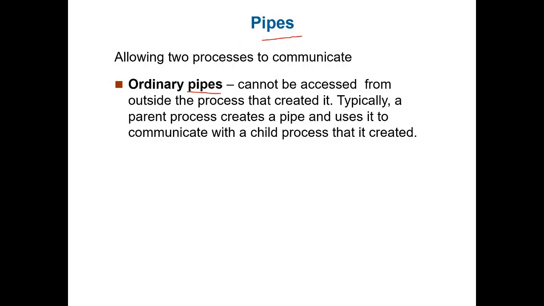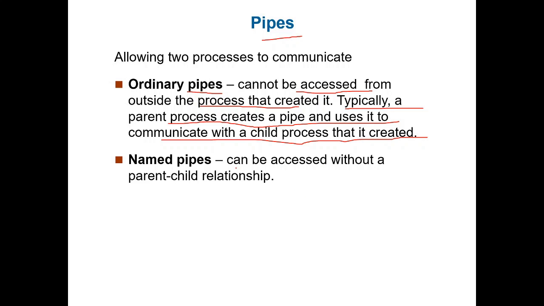Ordinary pipes cannot be accessed from outside the process that created them. So it should be only parent-child processes, then only they can access it. Typically, a parent process creates a pipe and uses it to communicate with the child process that is created.